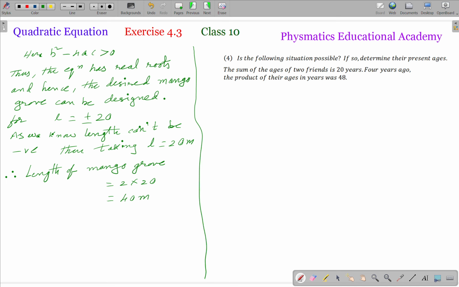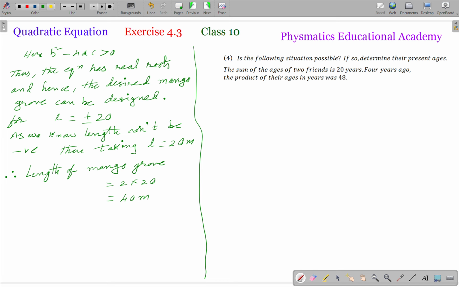This is question number 3. Now question number 4. Is the following situation possible? If so, determine their present ages.